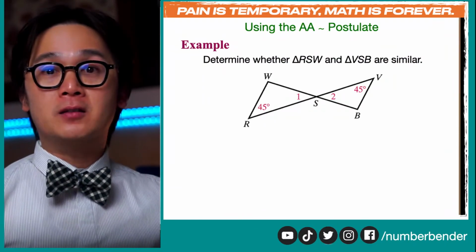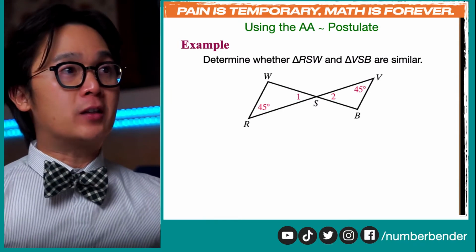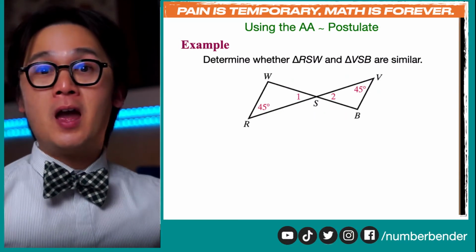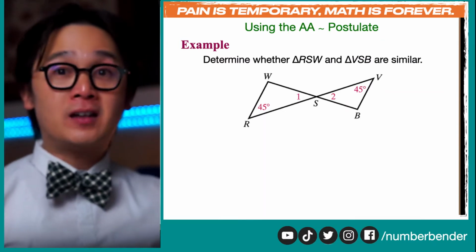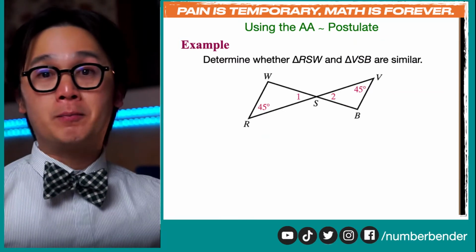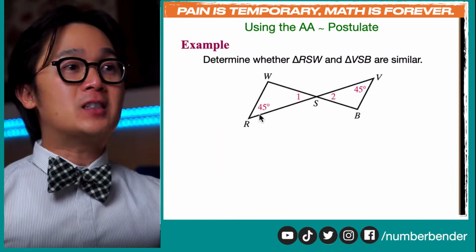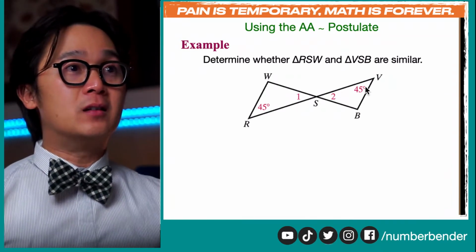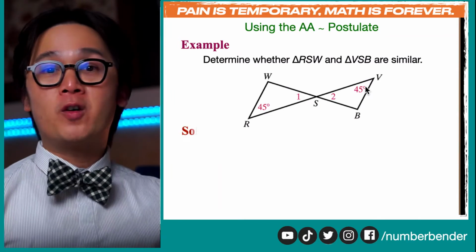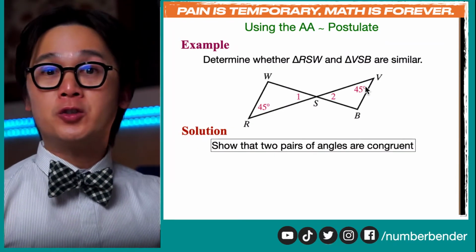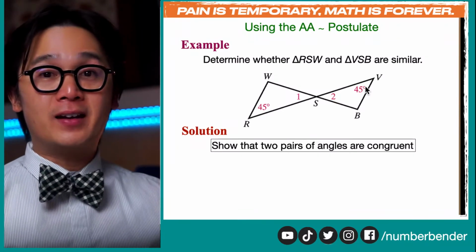For example, we have two triangles that you are seeing right now, triangle RSW and triangle VSB, and we need to show that they are similar. We can use the angle-angle similarity postulate because we are already seeing two congruent angles, angle R and angle V, which are both 45 degrees. All we need to do is show another angle that is congruent.